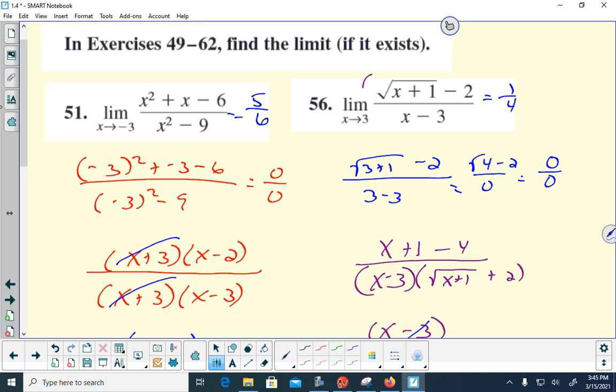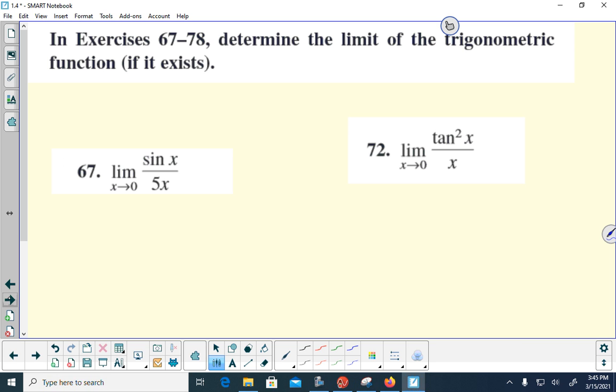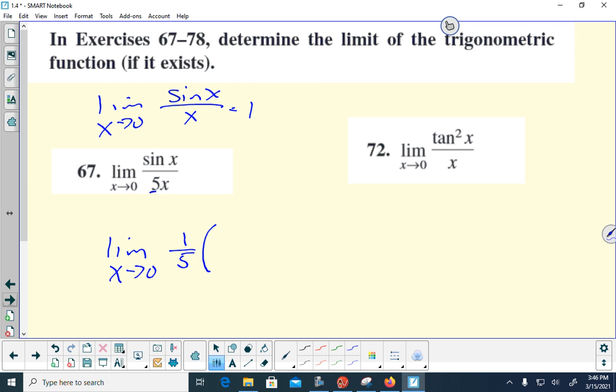Okay, moving on to the next one. Number 67 is that sine. Remember, that's one of the two properties that I have to know. The property is the limit as x approaches 0 of the sine of x over x, and that's equal to 1. In order to make that look like this, I need to take care of this 5. So I'm going to rewrite this where I take 1/5 outside and multiply that by the sine of x over x.